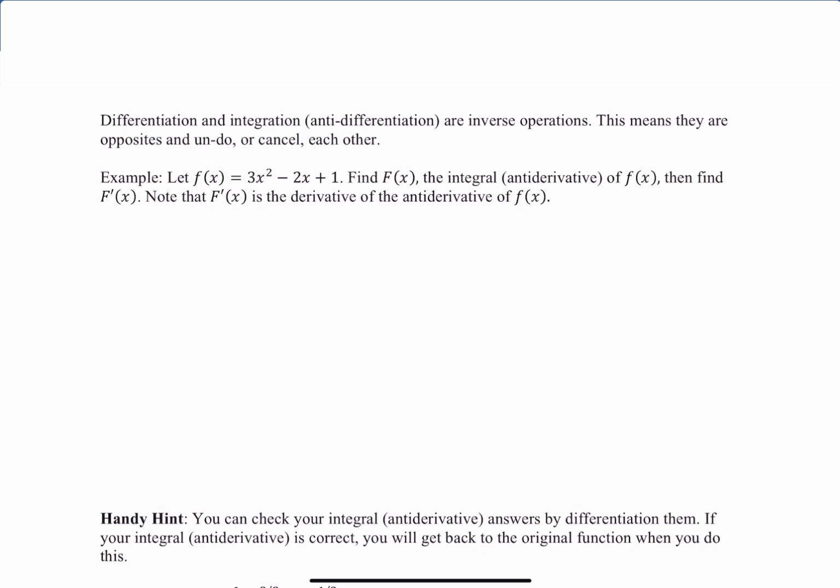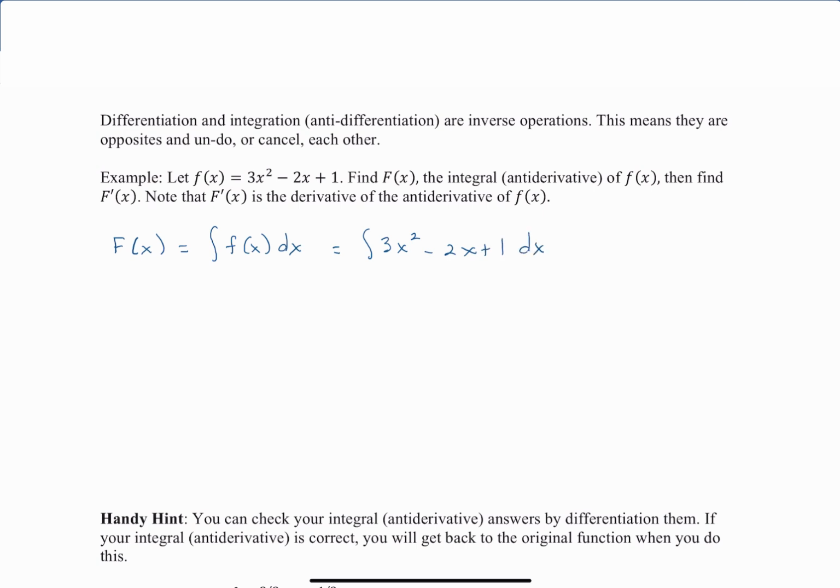So let's try that. So capital F is the integral or antiderivative of little f. That's just kind of standard notation, which in this case is the integral of 3x squared minus 2x plus 1. Don't forget the dx.